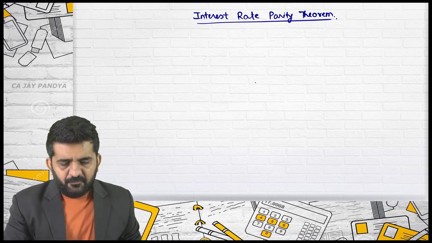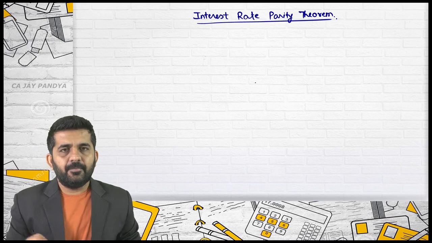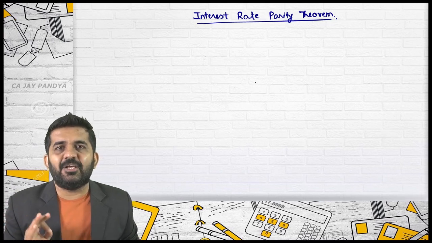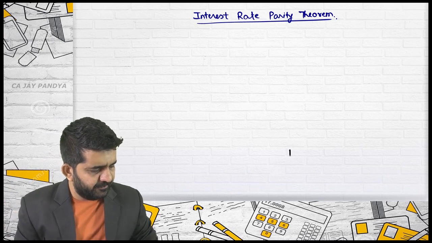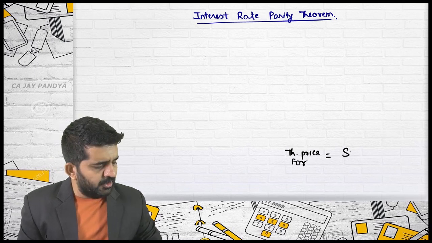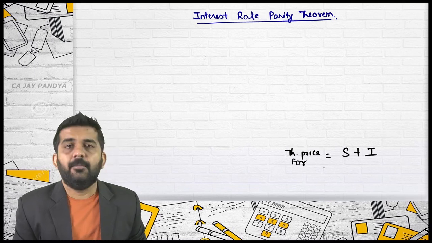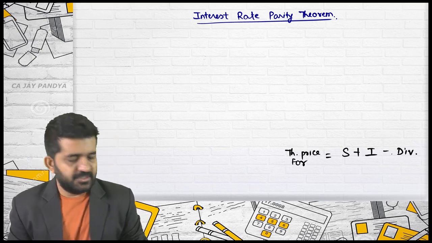For this, we need to revise one concept that we have learned in derivatives, which is the theoretical price of forward. If you have forgotten, let me just revise it. Theoretical price of forward is equal to spot plus interest minus dividend.